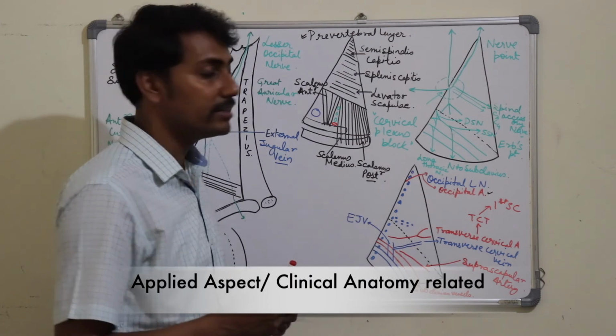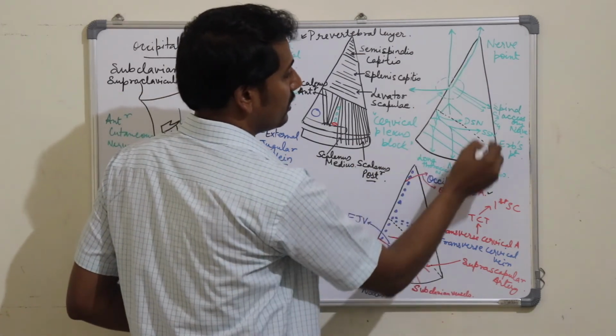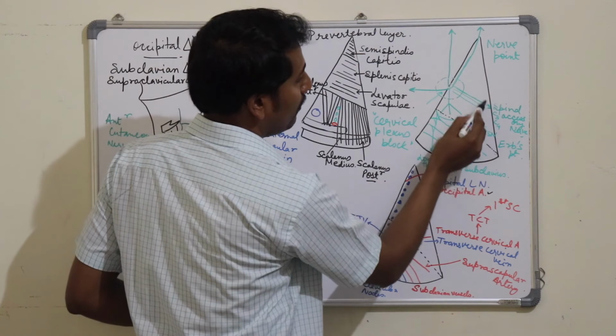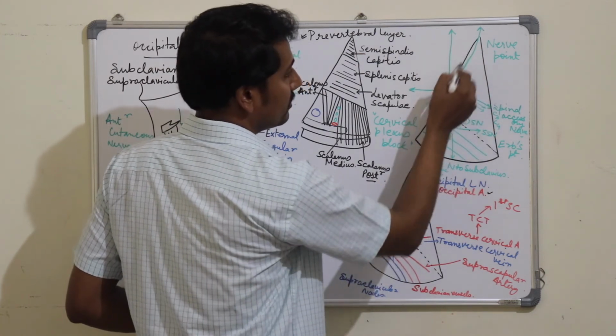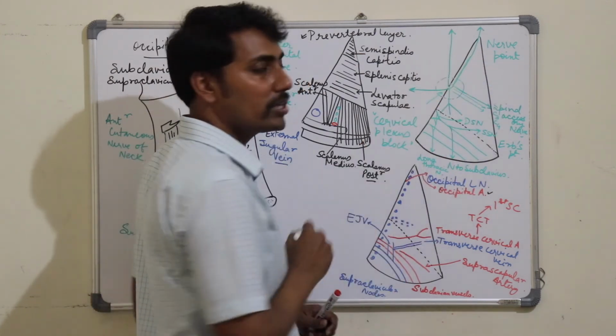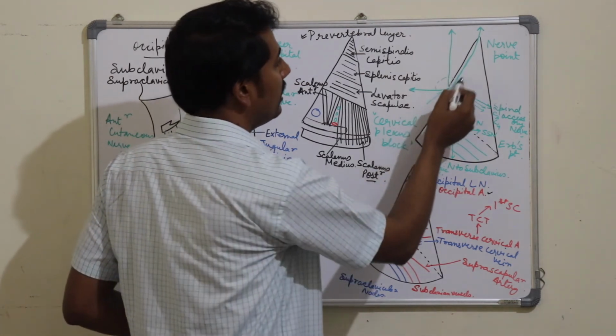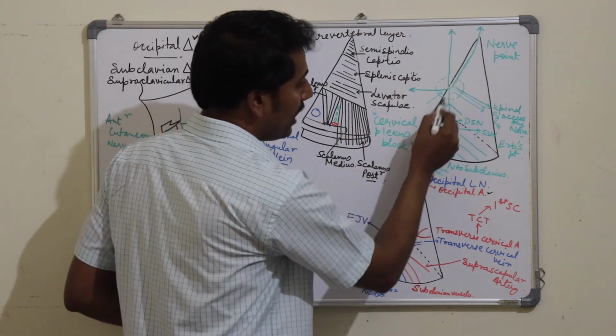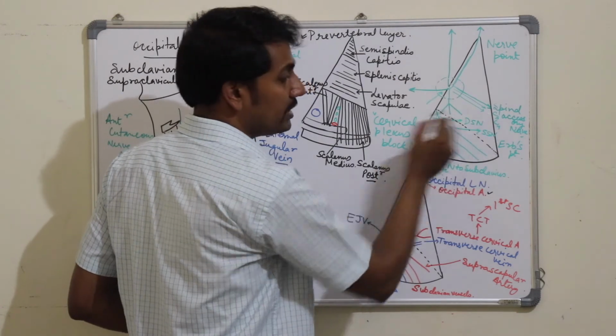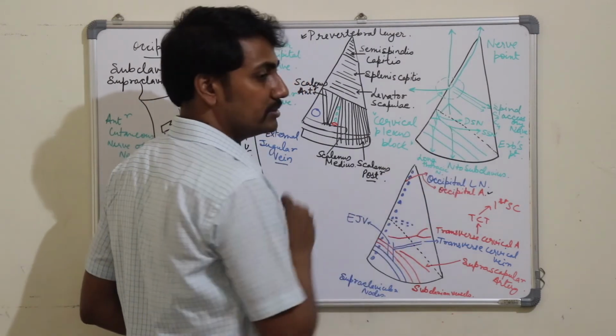Now the third aspect. If we look carefully into this triangle, the part of the triangle above the spinal nerve has very few important structures, that is only the lesser occipital nerve, and the part of the posterior triangle below the spinal nerve has lots of nerves.